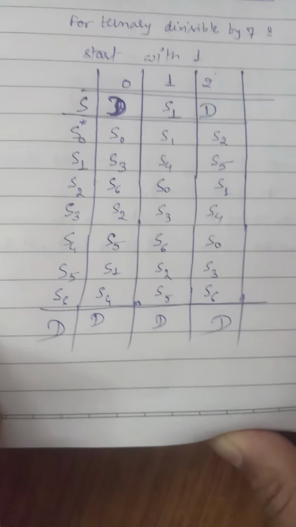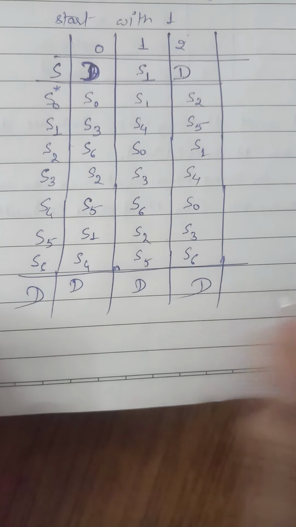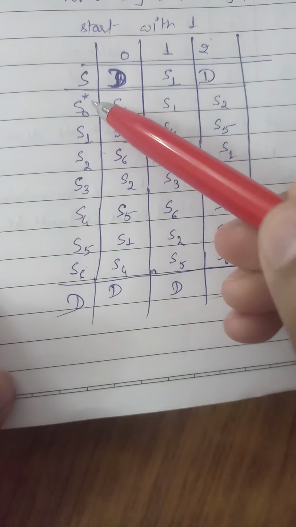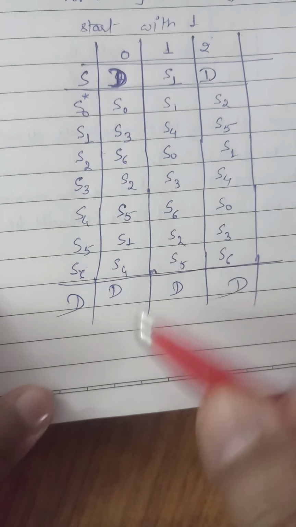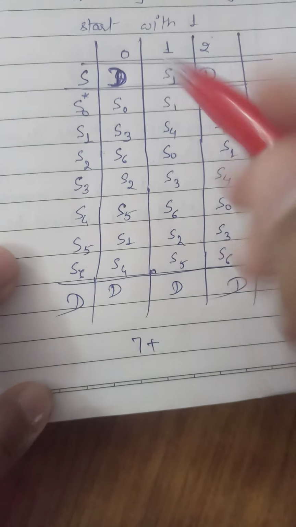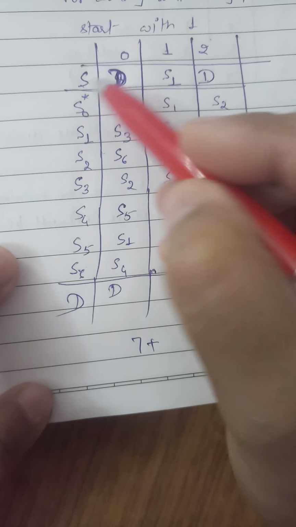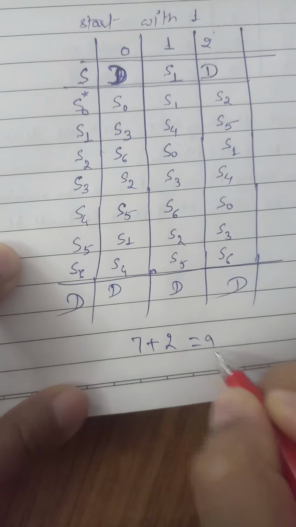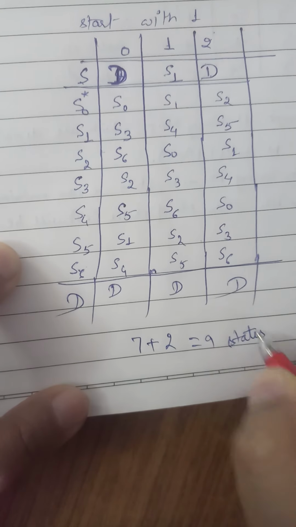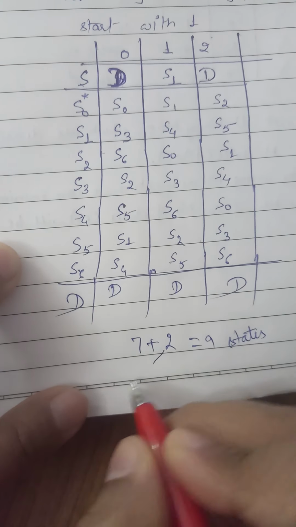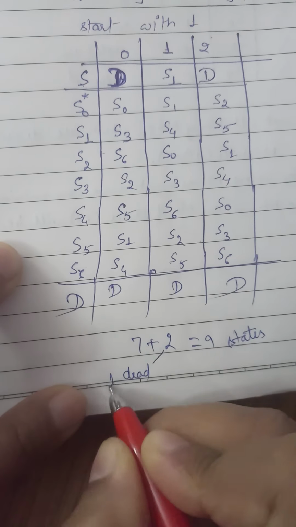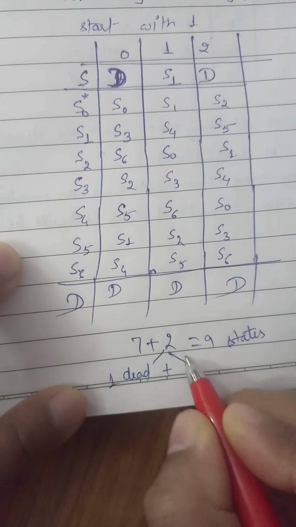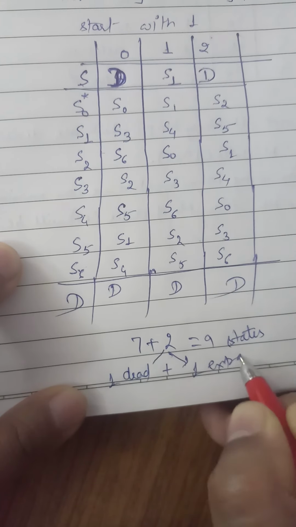So how many states do we have? 7. 1 2 3 4 5 6 7. 7 plus 2: one extra state and one dead state. So in total 9 states will be there.